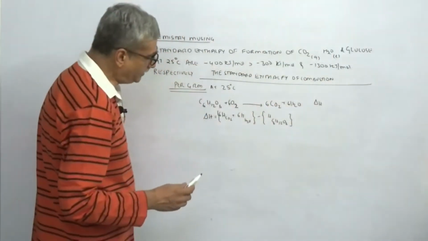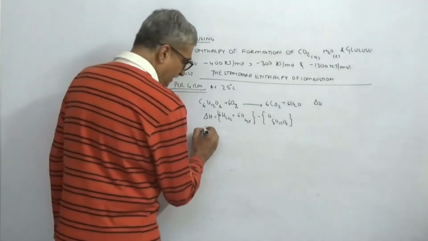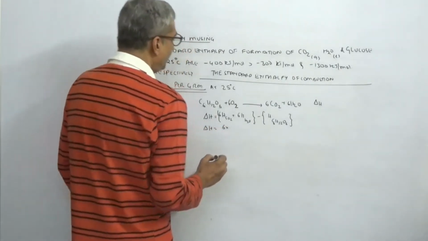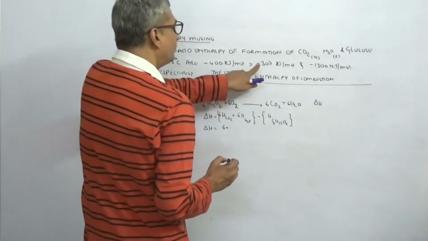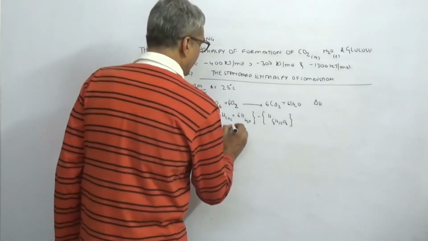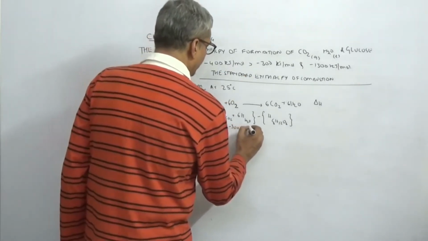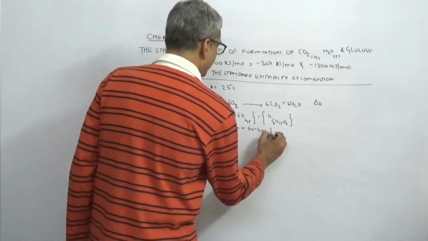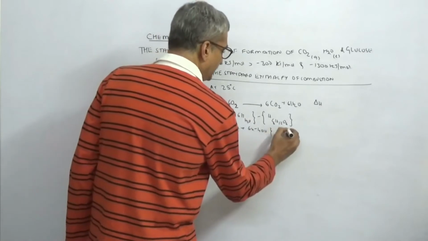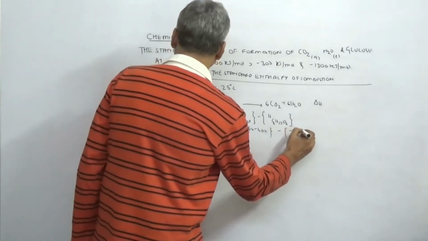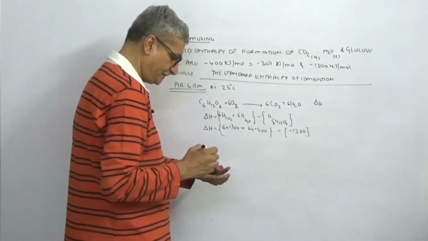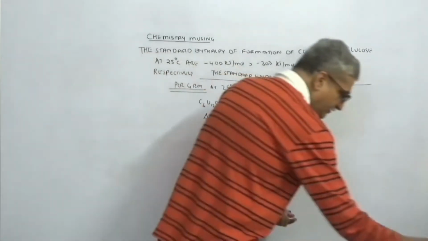So now, let's substitute. Delta H in this case will be 6 into minus 300 plus 6 into minus 400, minus of minus 1300 kilojoule per mole.